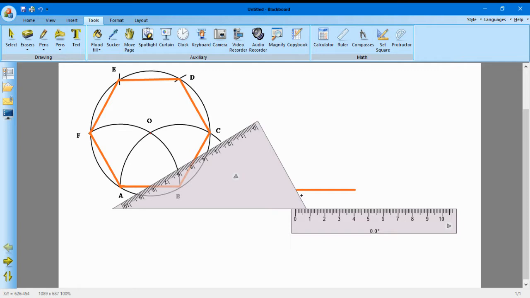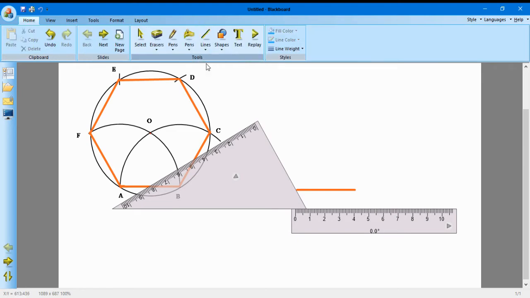Remember, you need to use a T-square to draw these drawings. In this case, I am using my ruler, which is flush on the paper, and I need to draw a line with my set square this way, which is the 60 degrees. I will proceed to draw a line from here. This way.